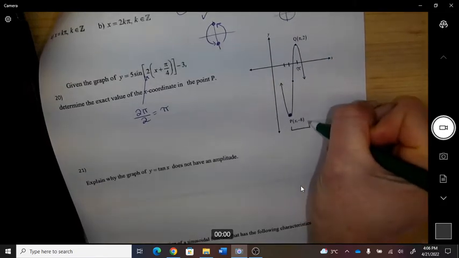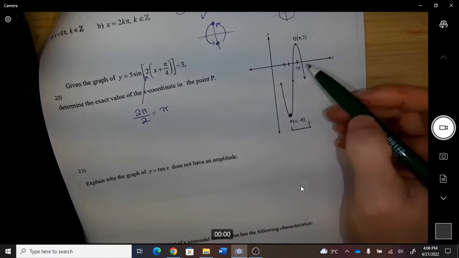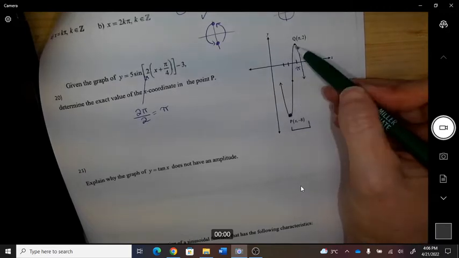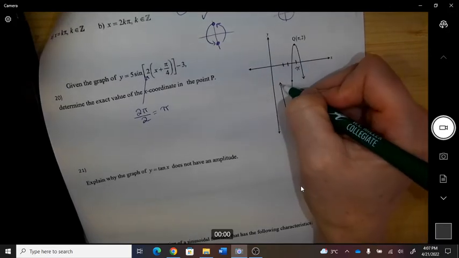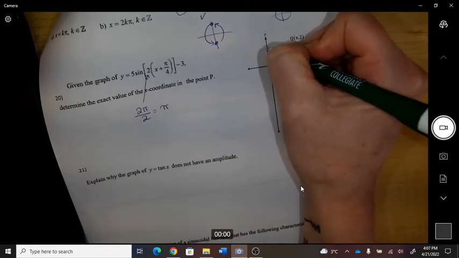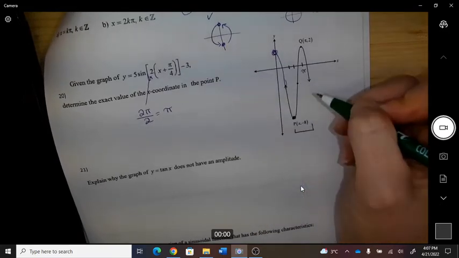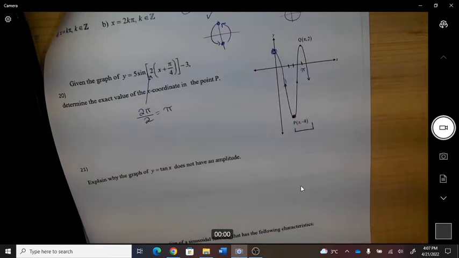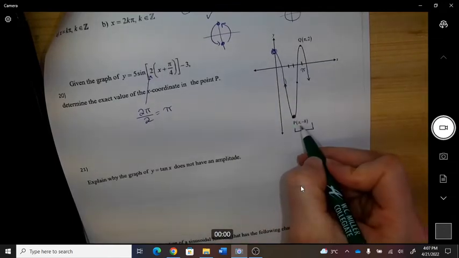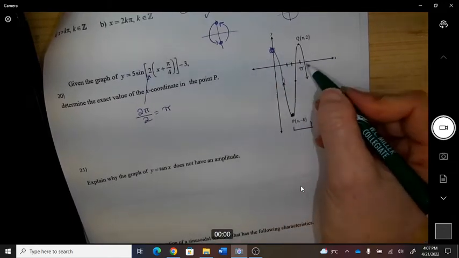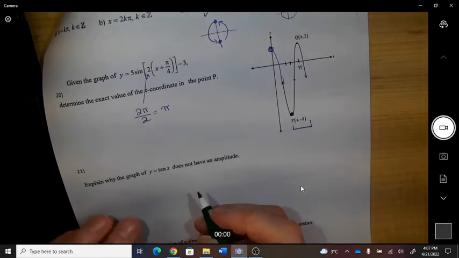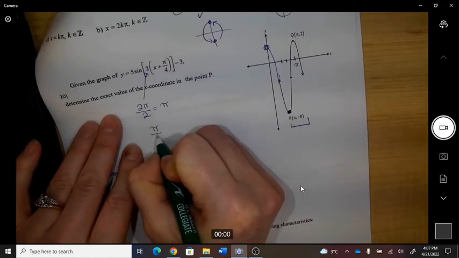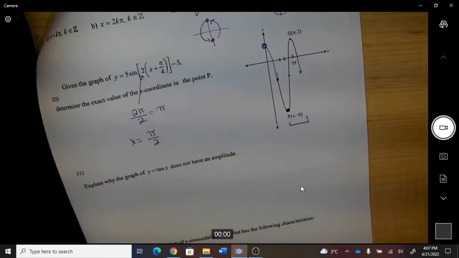From here to here is not a period, right? The period would end actually right there. From 0 to pi would be the period. So this would complete half of that cycle. So we're halfway there. So x will equal pi over 2.